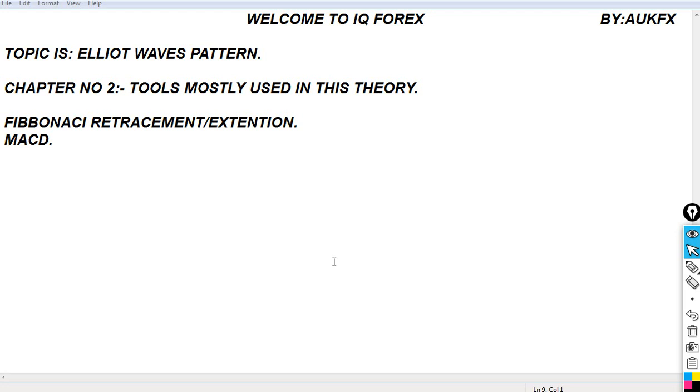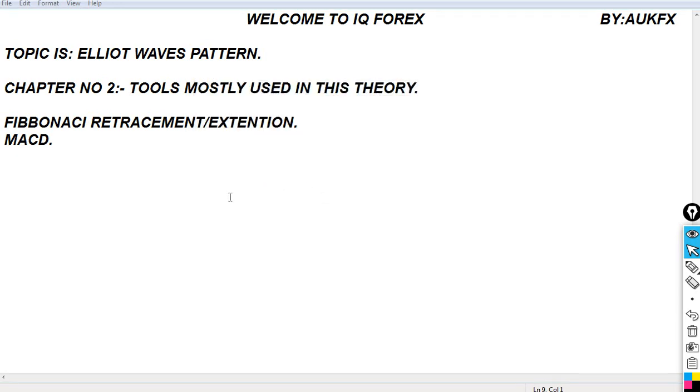Then in the corrective phase you see the three waves A B C, and sometimes if A and B are waves within waves, they will be 1 2 3, but after the C wave there can also be an impulsive wave, and it gives you 1 2 3 4 5 again, and so on.